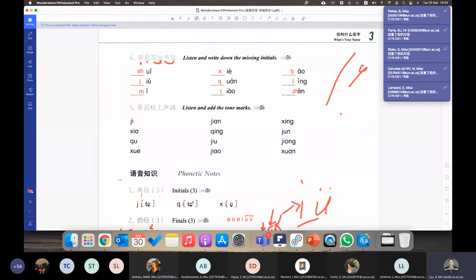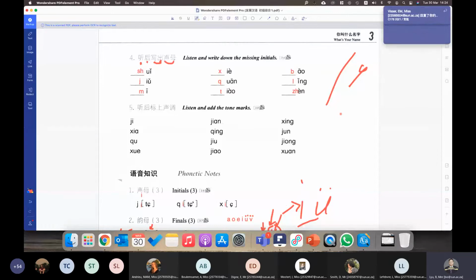Well, it depends on how severe the lisp is. We all know Chinese is a tonal language, and the tones are very delicate, but actually the difference between the four tones is quite vast.